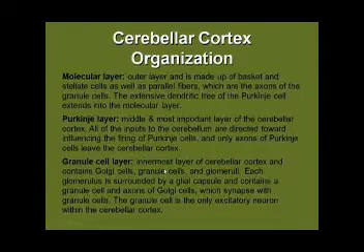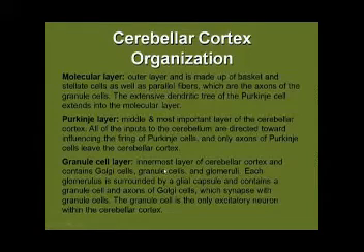The Purkinje cell layer is the middle layer of the cerebellar cortex, and arguably it's the most important layer of the cortex because it contains the largest neurons in the CNS. These are the Purkinje cells. But it's the most important layer because it is only the axons of those Purkinje cells in that middle layer which will actually leave the cerebellar cortex.